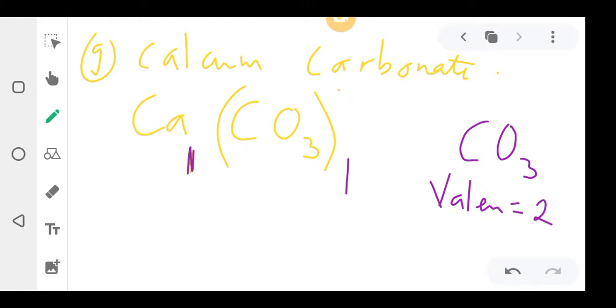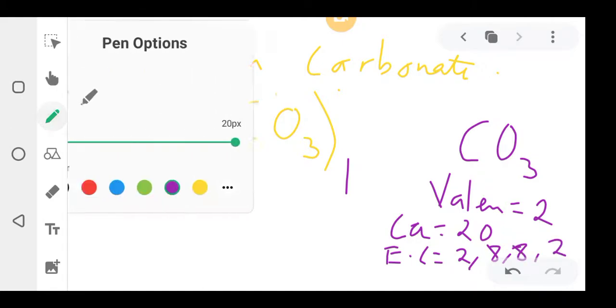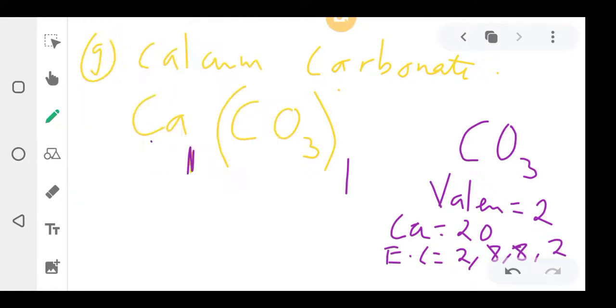So I said here is always 1. What about calcium? Calcium I explained this. It is 20, and the EC is 2,8,8,2. So the valence here is the last number, which is 2. So the valence of calcium is 2.